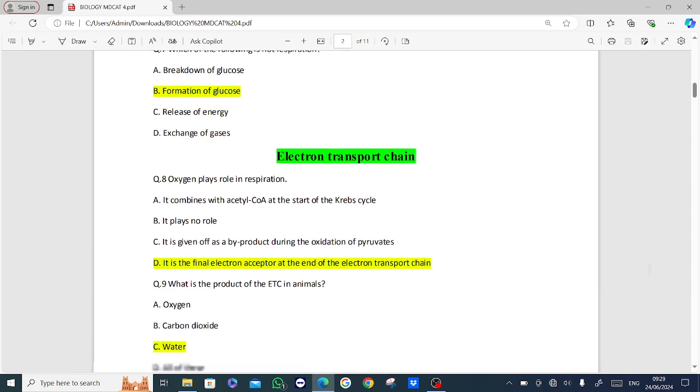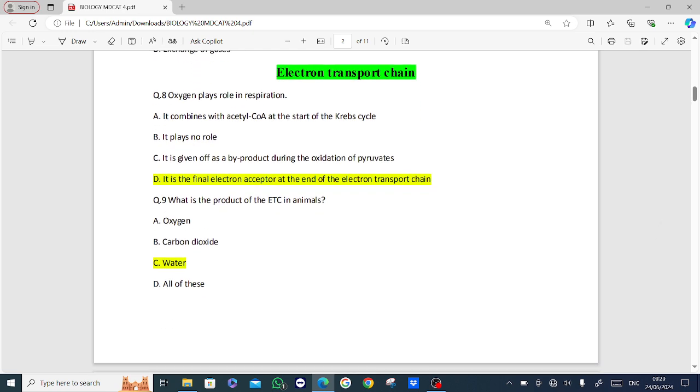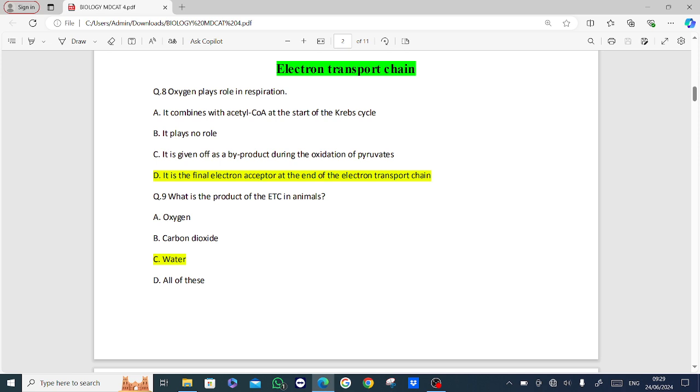Students, next MCQs are from topic electron transport chain. So let's start. First MCQ is: oxygen plays role in respiration. Options are it combines with acetyl CoA at the start of the Krebs cycle. It plays no role.